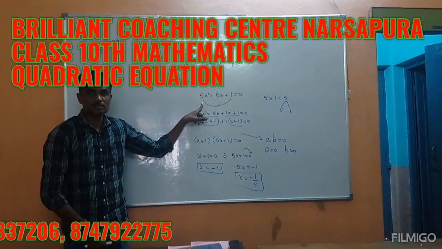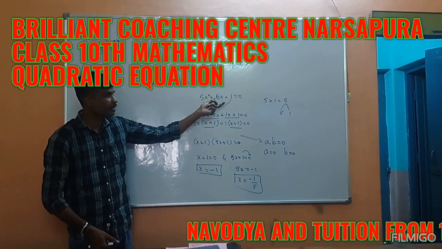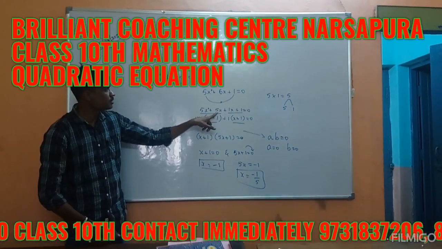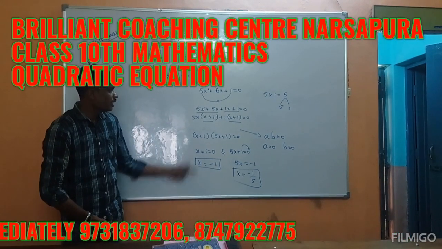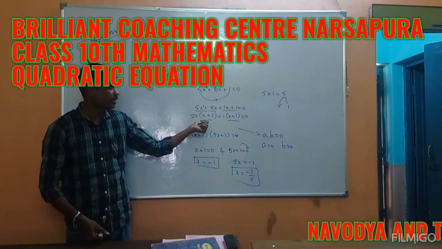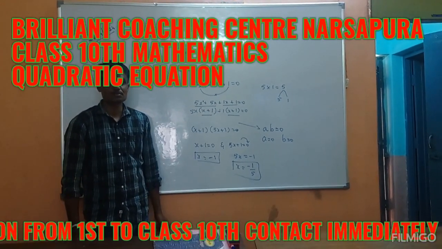The steps are very important. First, take the factors for 5. In place of 6x, we write 5x plus 1x. Take out the common factor 5x, remaining x plus 1. Plus 1 is a common factor, remaining x plus 1.